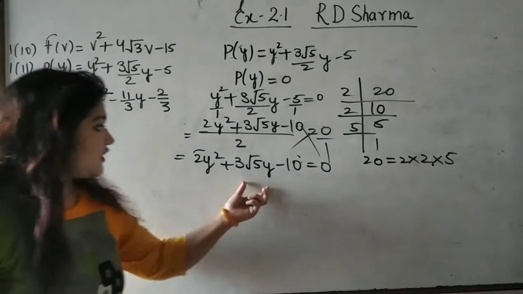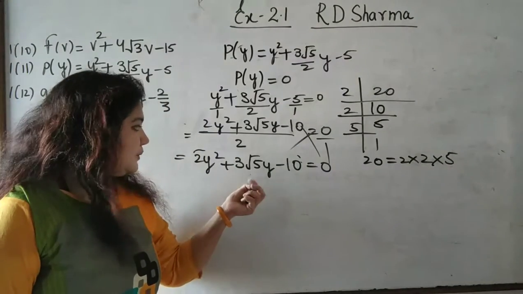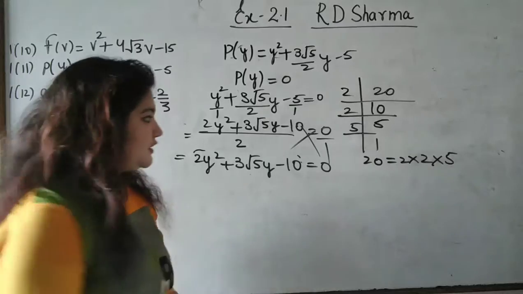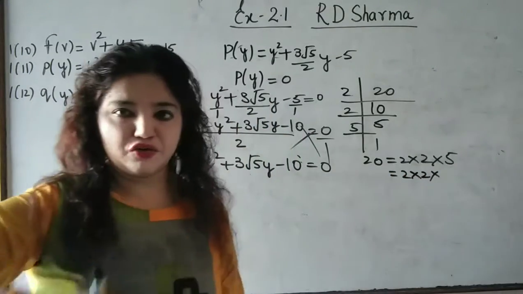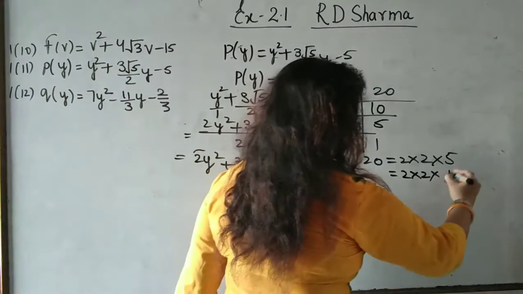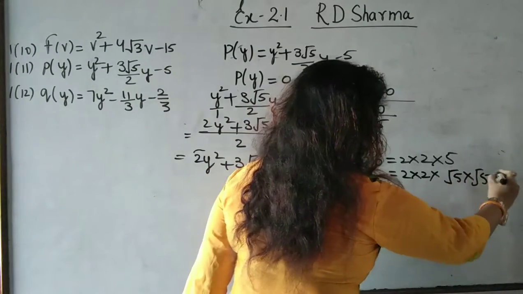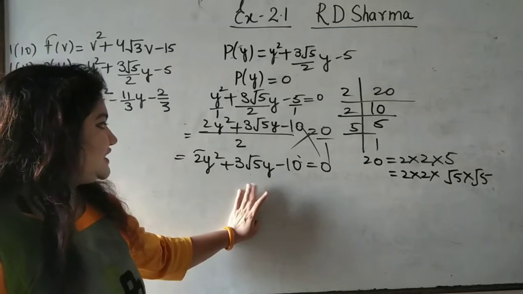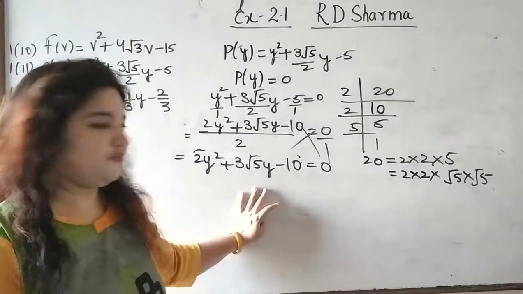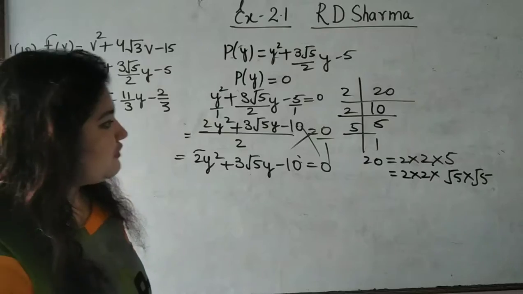But we have to get the middle term in terms of under root 5. No problem. So we will write 2 into 5, we can write under root 5 into under root 5. Okay, so the middle term we have to get is 3 under root 5.